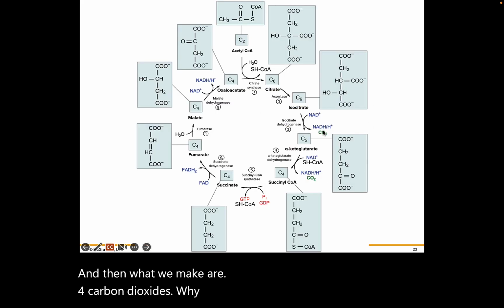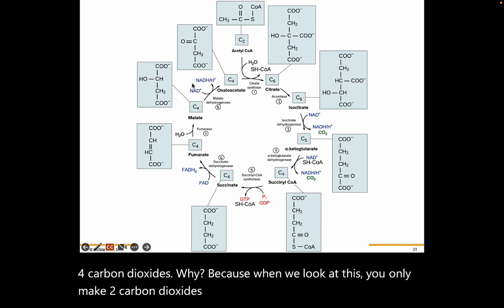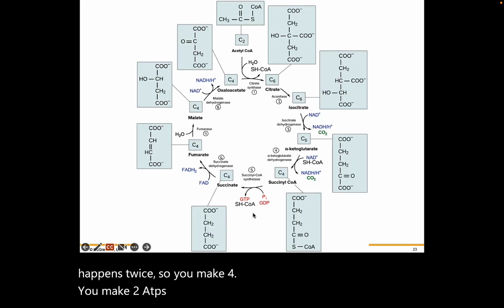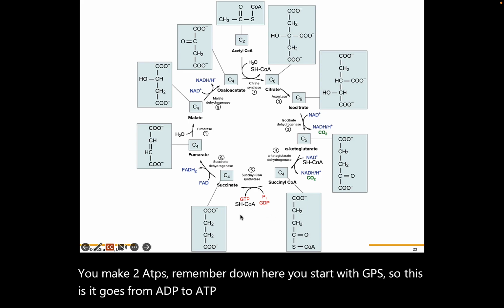Because when we look at this, you only make 2 carbon dioxides. This third one doesn't have one. And this happens twice, so you make 4. You make 2 ATPs. Remember, down here, you start with GTP. So it goes from ADP to ATP, thus the 2 ADPs and the 2 ATPs, because this happens twice.